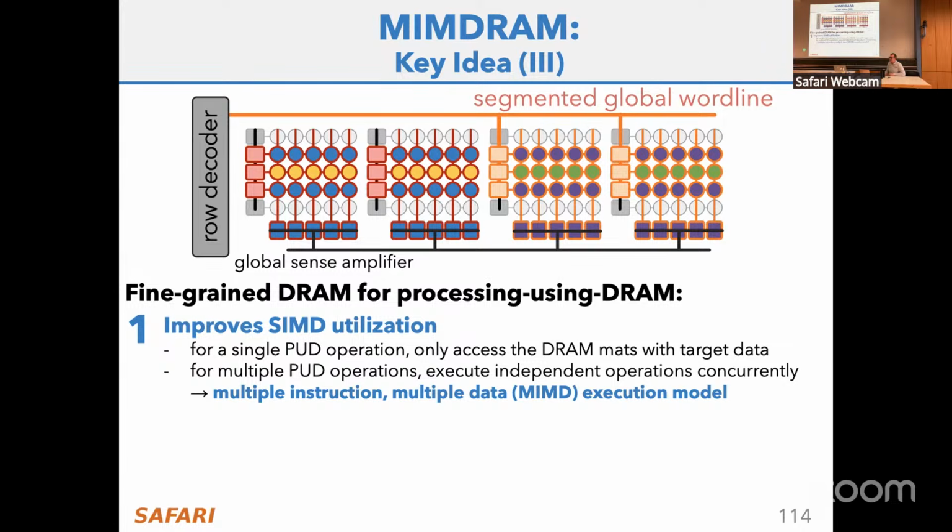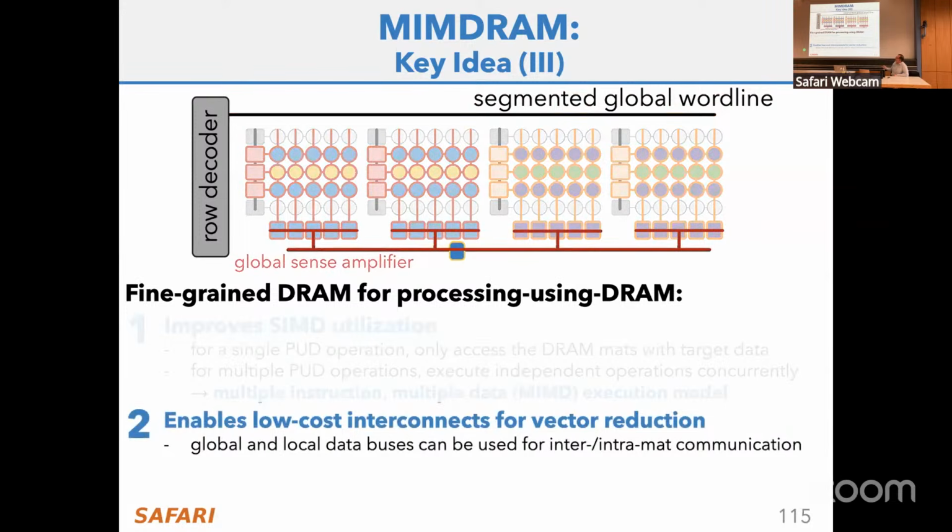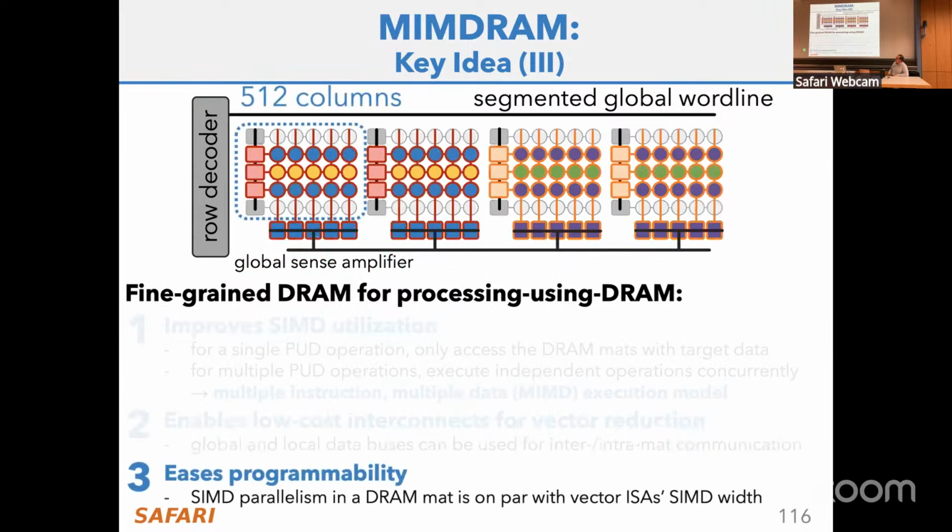So it's kind of like a multiprocessor in DRAM. They're doing different things, as opposed to a single instruction, multiple data processor, which is SIMDRAM, where every mat is doing exactly the same thing on different data elements. We also add some low-cost interconnects to reduce data movement, which I'm not going to talk about. And finally, but very importantly, we enable the SIMD parallelism in a DRAM mat to be on par with vector ISA SIMD width, because each DRAM mat consists of 512 columns.